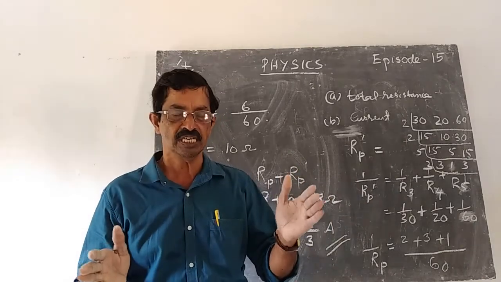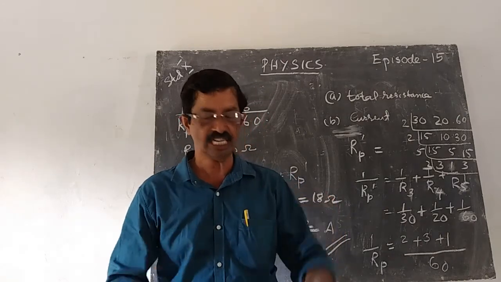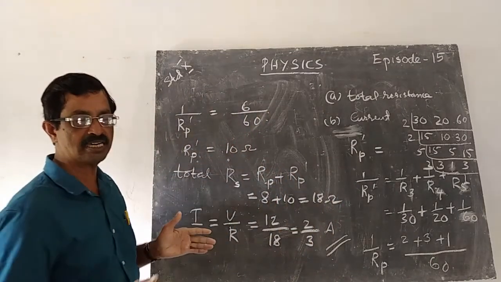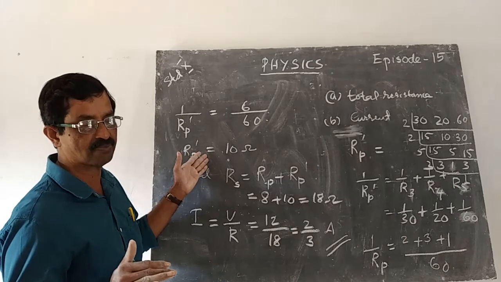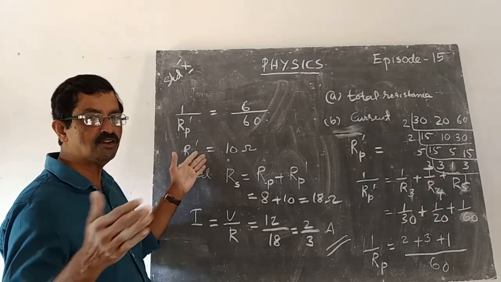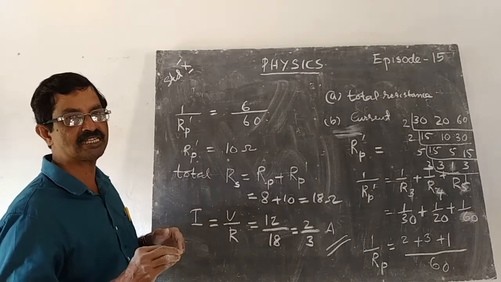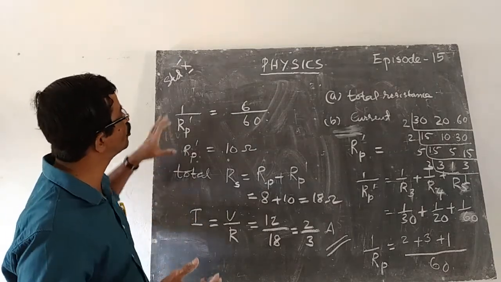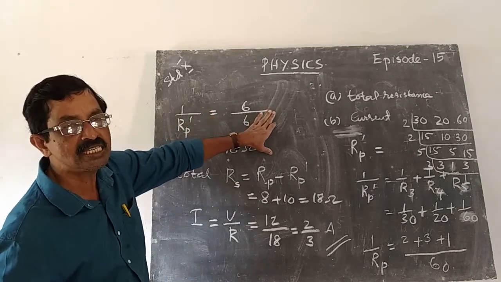So the current difference is too much and it cannot work properly. So we cannot use a series connection in our household wiring. Also, if any one of the gadgets stops functioning, all others will stop functioning. That is also one of the disadvantages of connecting equipment in series.